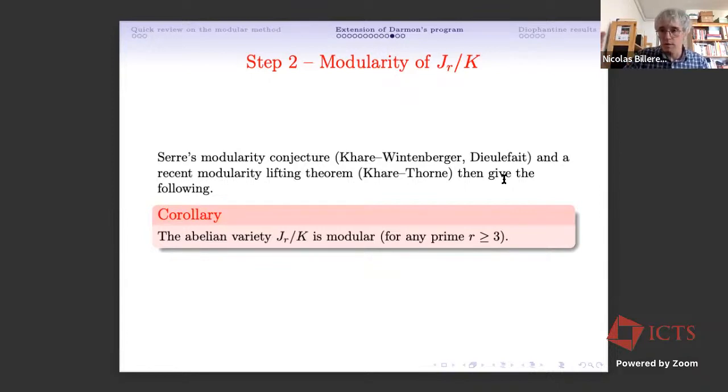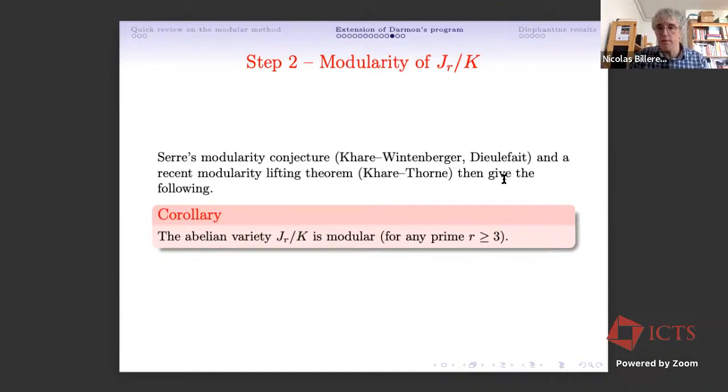So basically, your representation rho bar of J_R[p_R] will actually extend to a representation of G_Q. That's because J_R is just a base change of a Jacobian of a hyperelliptic curve defined over Q, and you extend it to G_Q, and then since it's irreducible when restricted to the Galois group of the R-th cyclotomic field, it has to be irreducible already over Q. And so you apply Serre's conjecture, you get that it's modular, then you base change it to K, and cyclic base change, it's still modular.